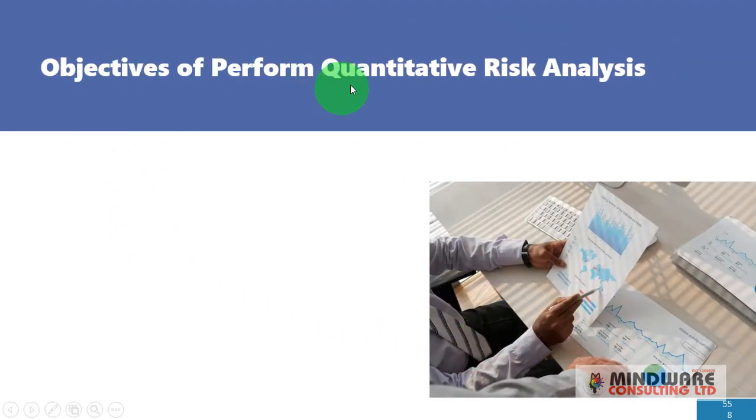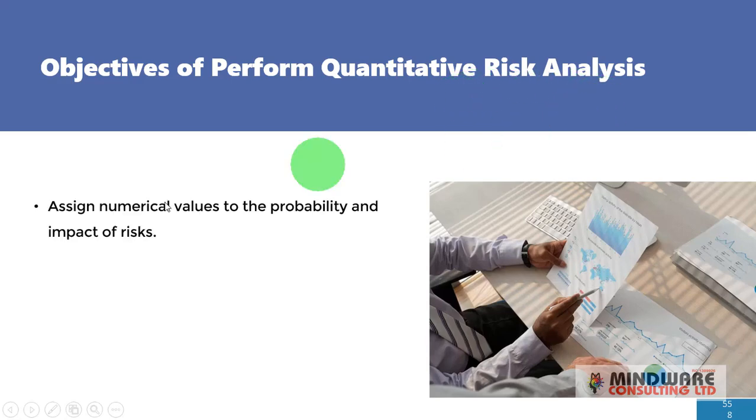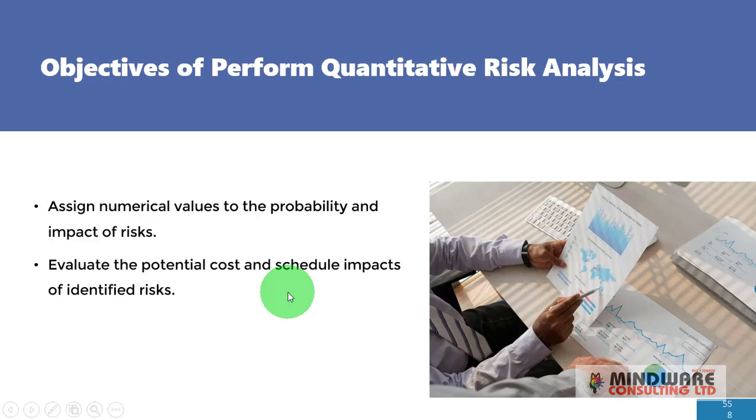Now, what are the objectives of perform quantitative risk analysis? Firstly, it helps us to assign numerical values to the probability and impact of risks. So the probability as well as the impact is going to have values. They are going to be quantified in real terms, and this makes them more relatable. We'll also evaluate the potential costs and schedule impacts of identified risks.